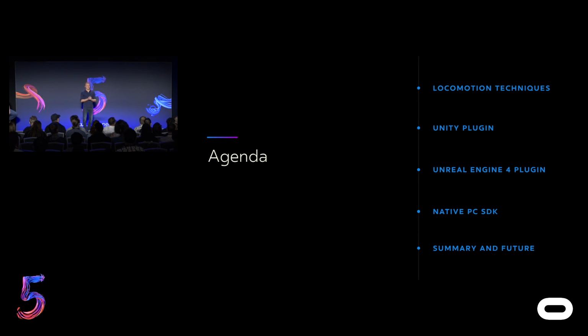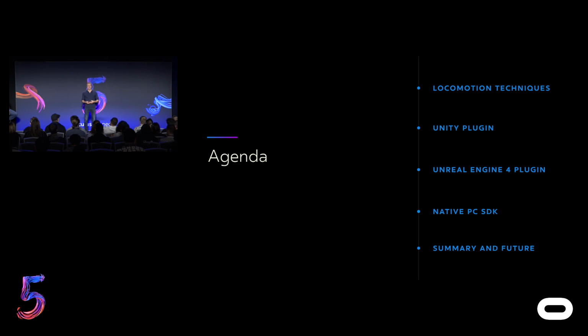So hopefully at the end of this talk, you'll have an understanding of what the solutions and techniques actually are, and how to put these locomotion solutions in place. I'm going to first start by recapping what the issue is, then talk a bit about the background of these techniques.